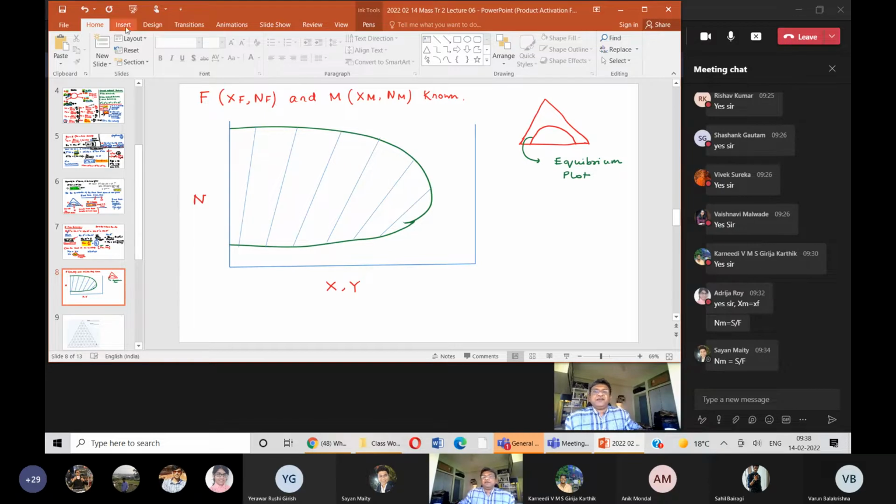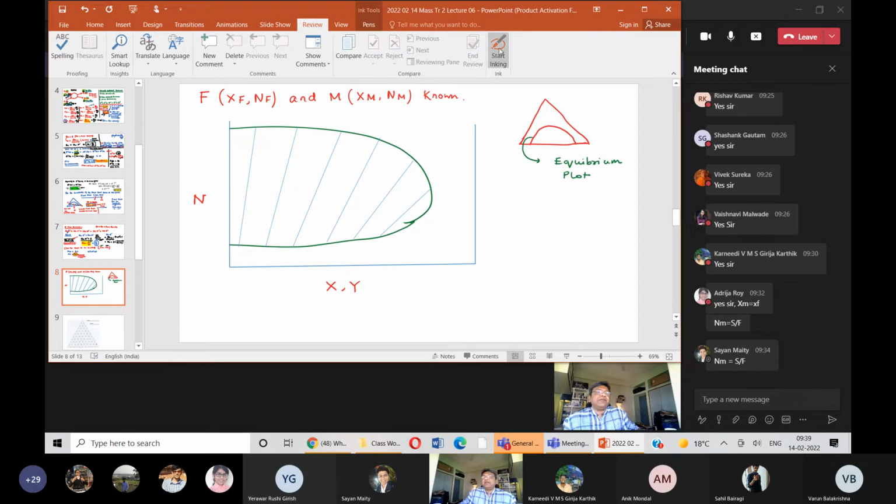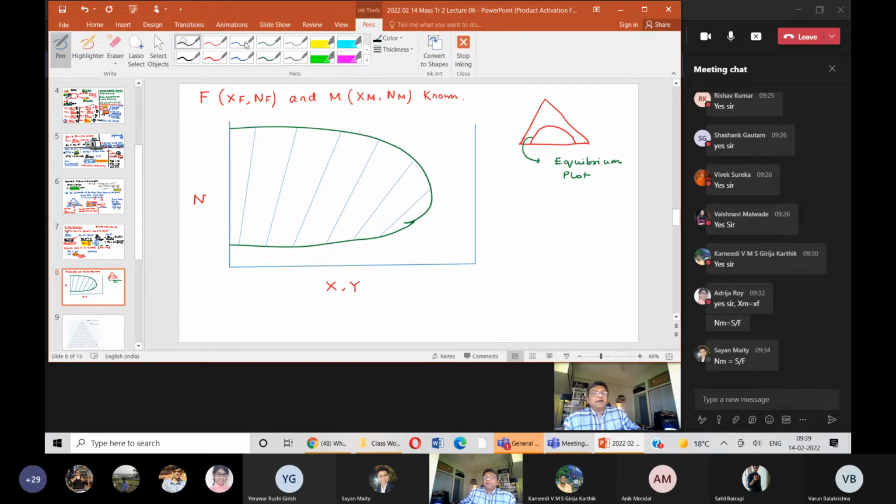Now comes the real interesting thing. Here, the approach was to locate the point S, pure solvent, there was absolutely no problem. And we located F, we joined them.